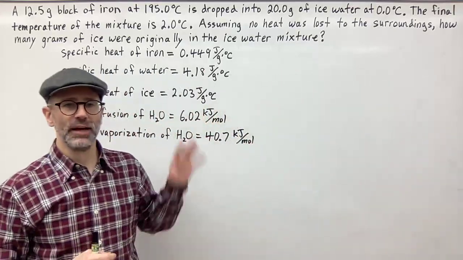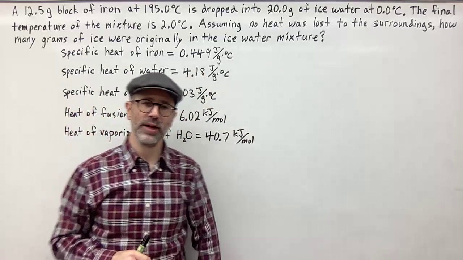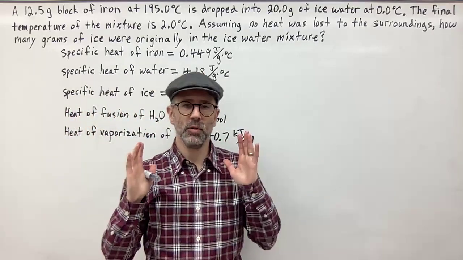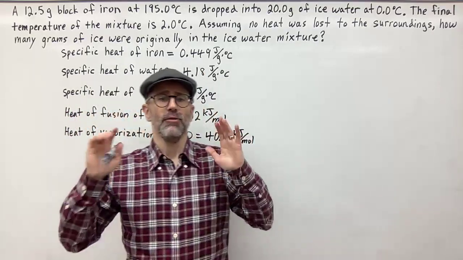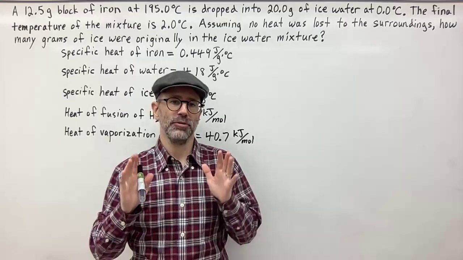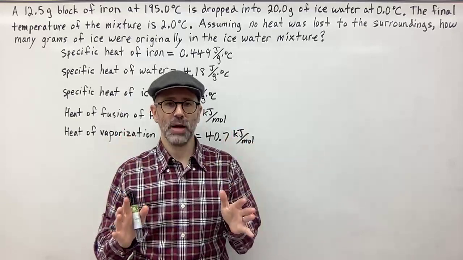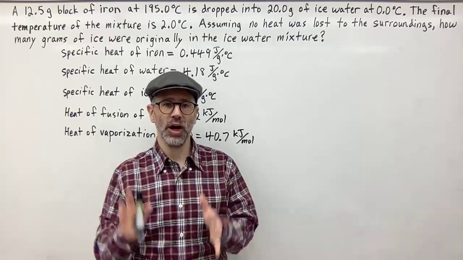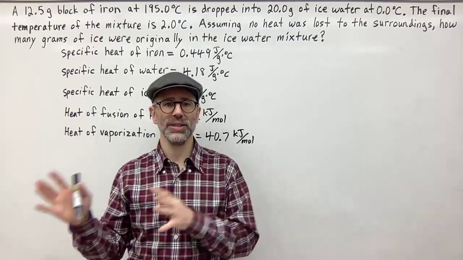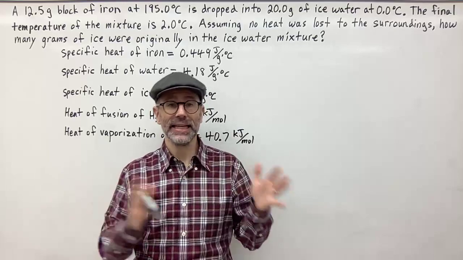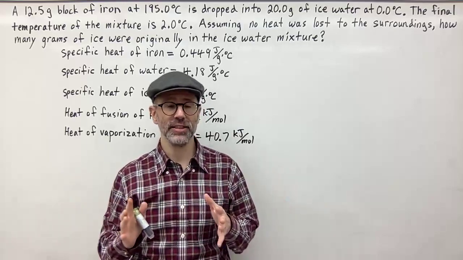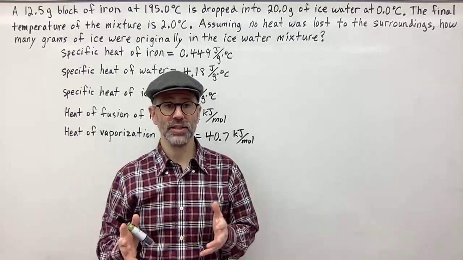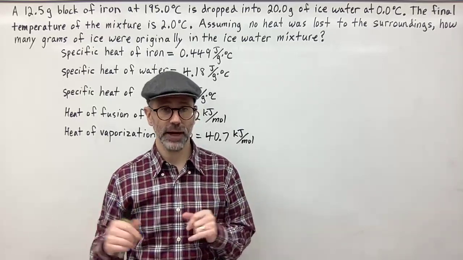Okay, so now that we've looked over the information that we have, what's the strategy? For any type of calorimetry problem, the first thing you want to do is figure out what is absorbing and what is releasing heat in this exchange of heat during the process of the heat transfer, right?